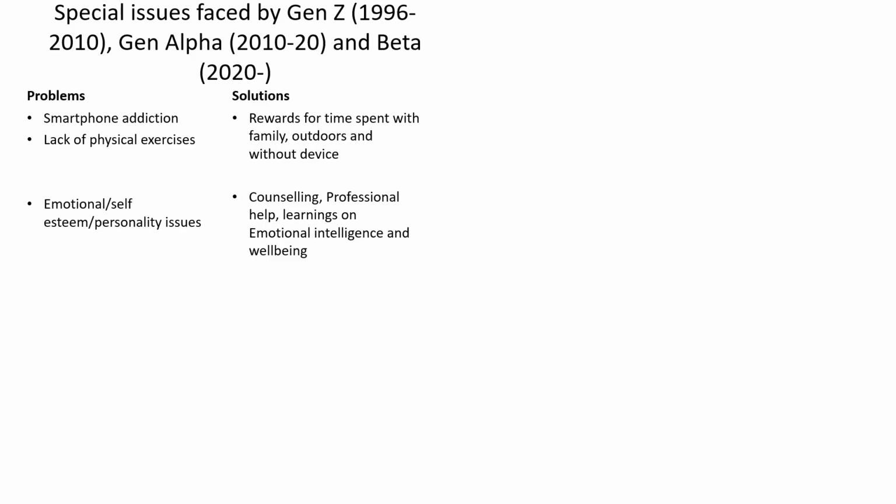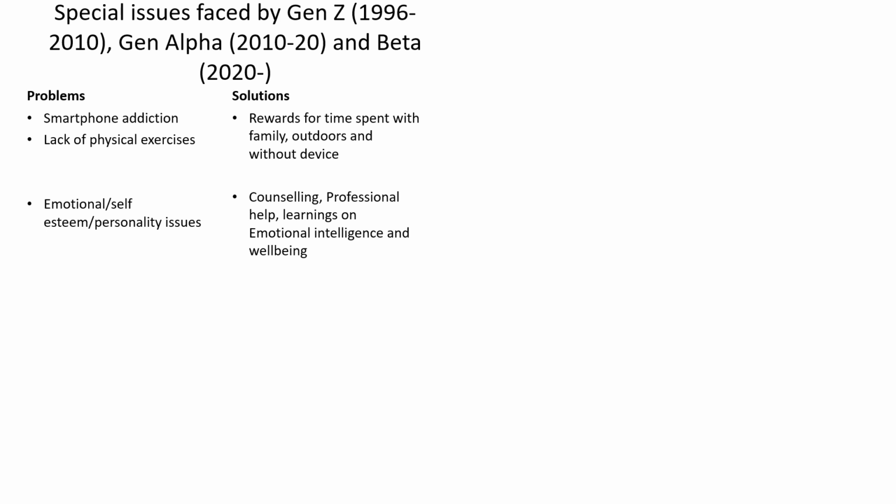Some special issues faced by Generation Z, Generation Alpha, and Generation Beta. So, some problems are smartphone addiction, lack of physical exercise, emotional self-esteem, and personality issues. The first problem is smartphone addiction. A solution is to reward students for time spent with family, outdoors, and without device.